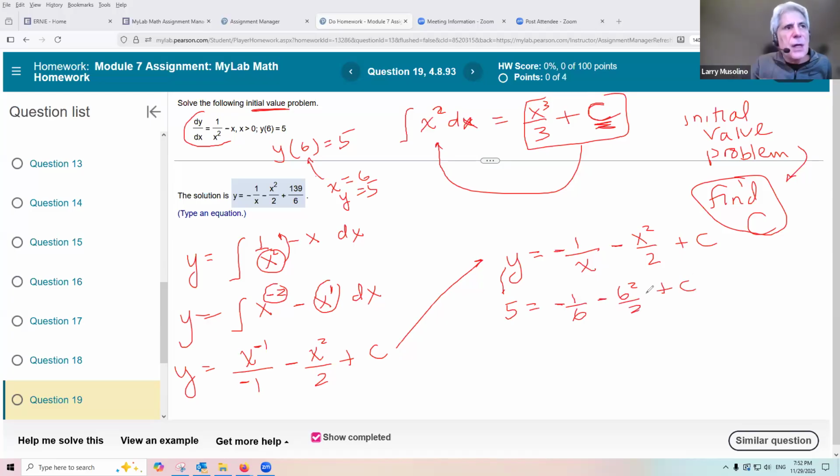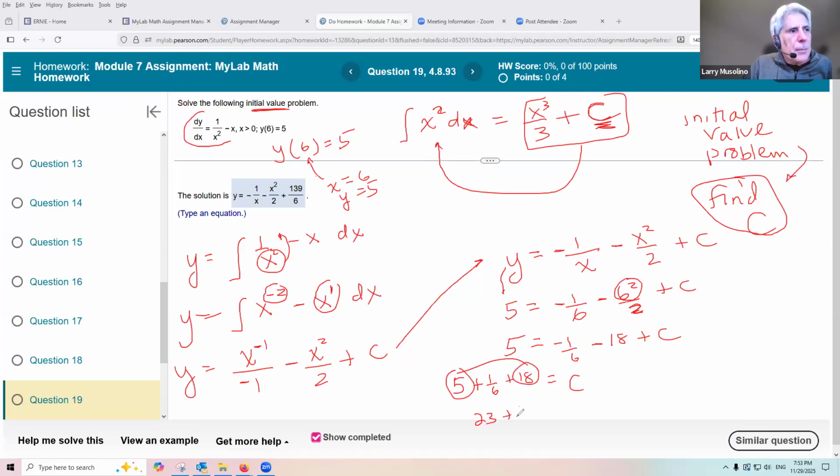Well, this is an equation I can solve for c. 6 squared is 36. 36 divided by 2 is 18. Let me move everything over to the left side. So it's going to be 5 plus 1/6 plus 18. That's equal to c. 5 plus 18 is 23.